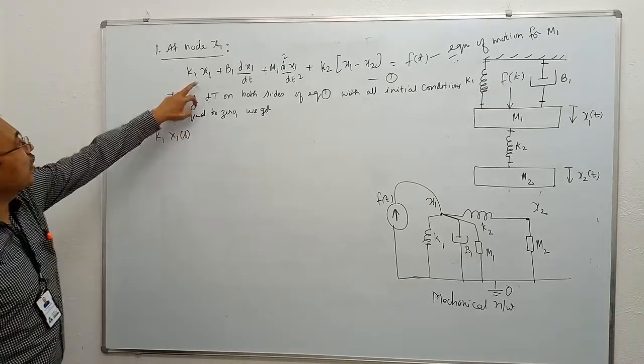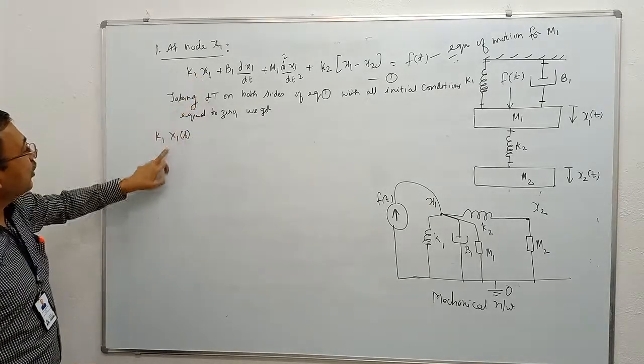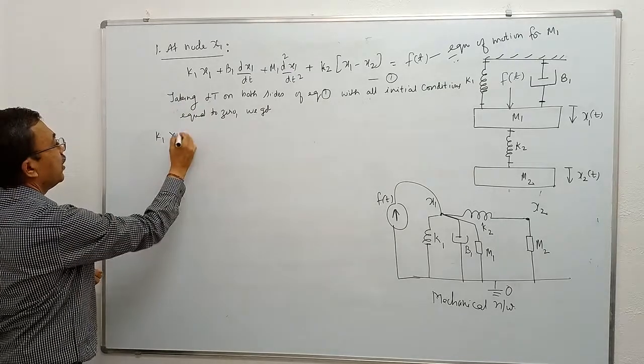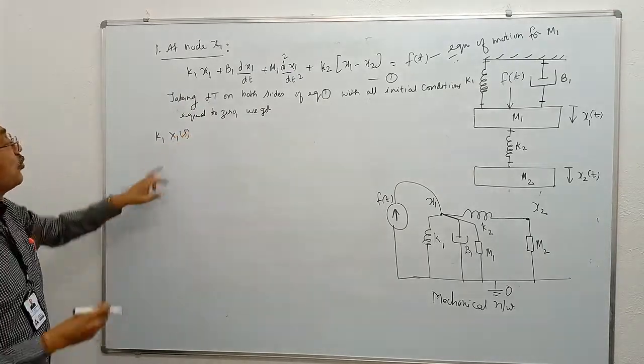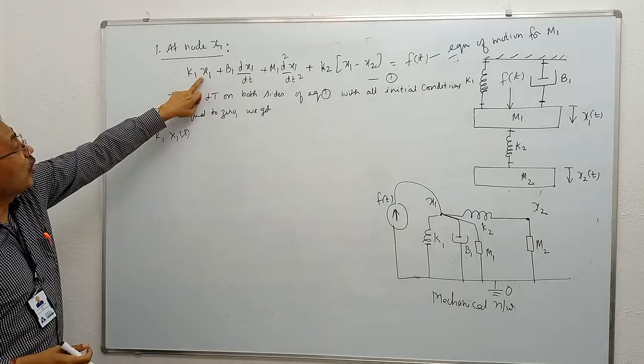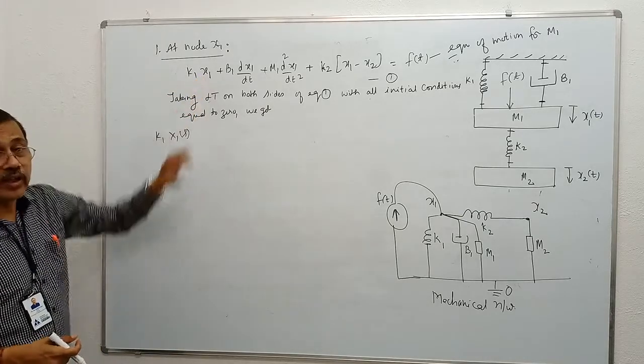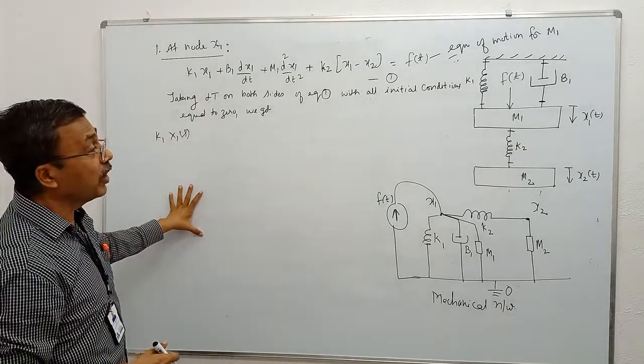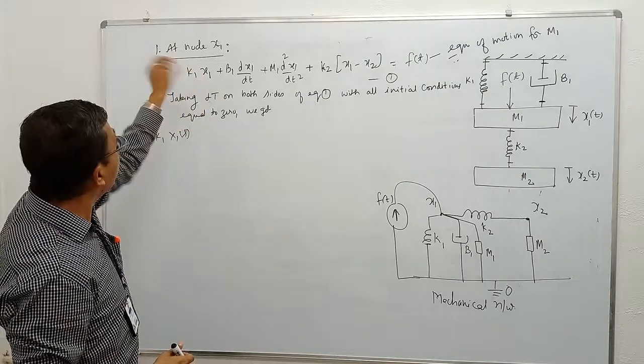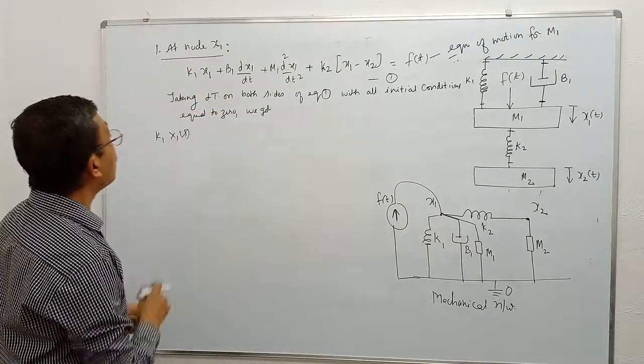Once you take Laplace transform, x1 of t becomes x1 of s. Please note that here I have written capital letter for x1, and here I have written small letter for x1. When you write a small letter, it is understood it is a function of time. Therefore, I have not written x1 as a function of time because it is understood.